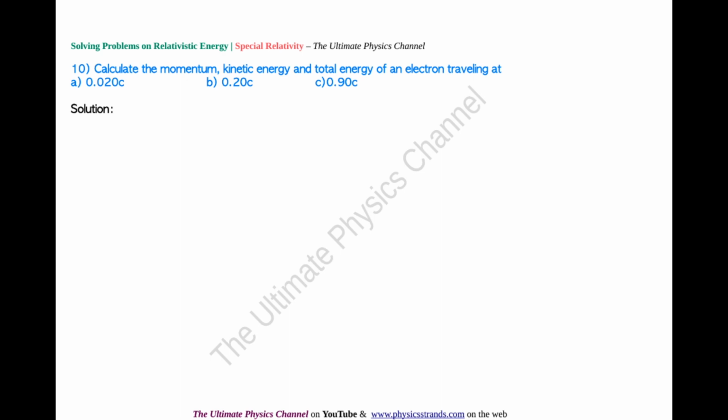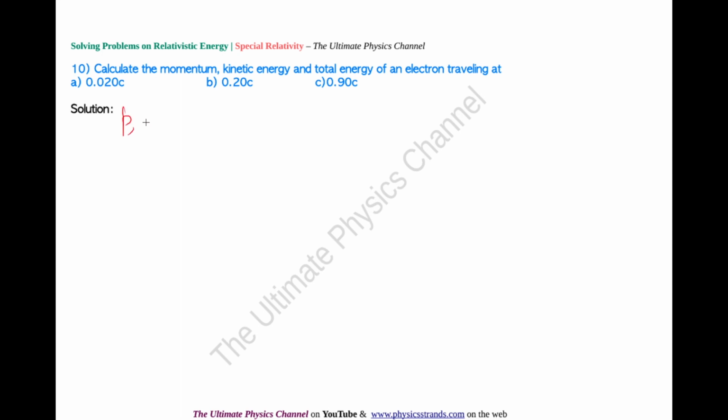Calculate the momentum, kinetic energy, and total energy of an electron traveling at 3 different speeds, namely 0.020c, 0.2c, and then 0.9c. Okay. So 3 different speeds are provided, and we have to calculate the momentum, kinetic energy, and total energy, all 3.